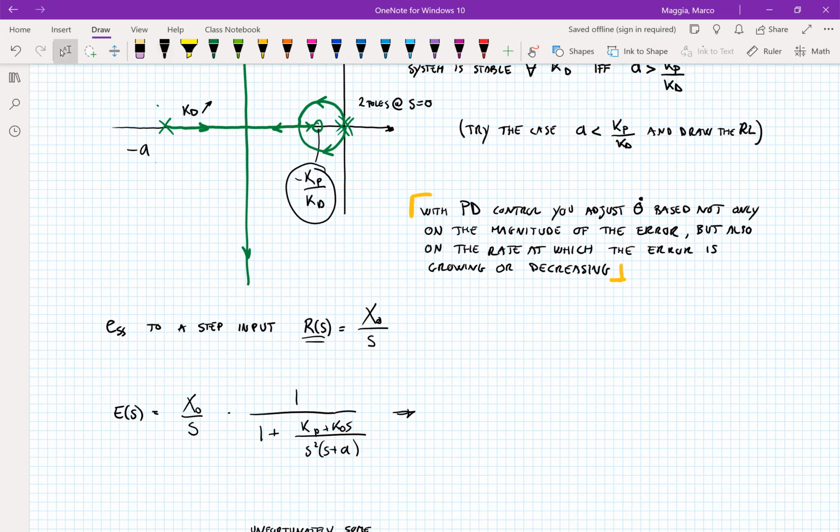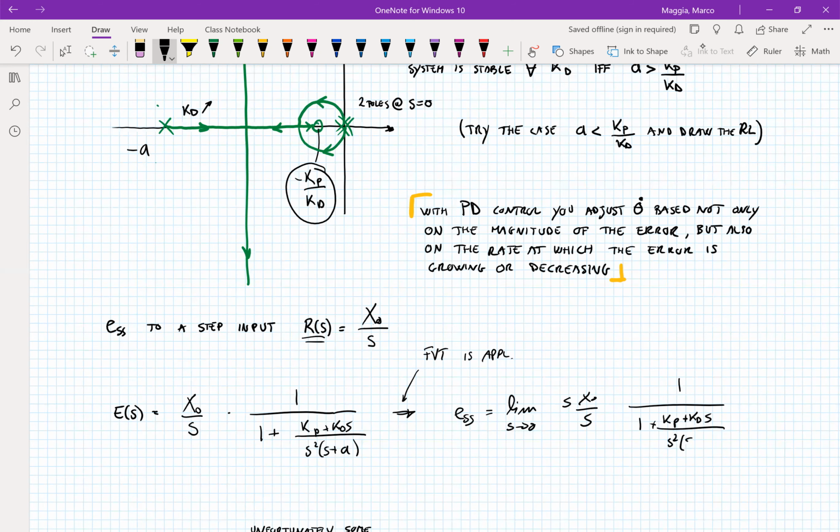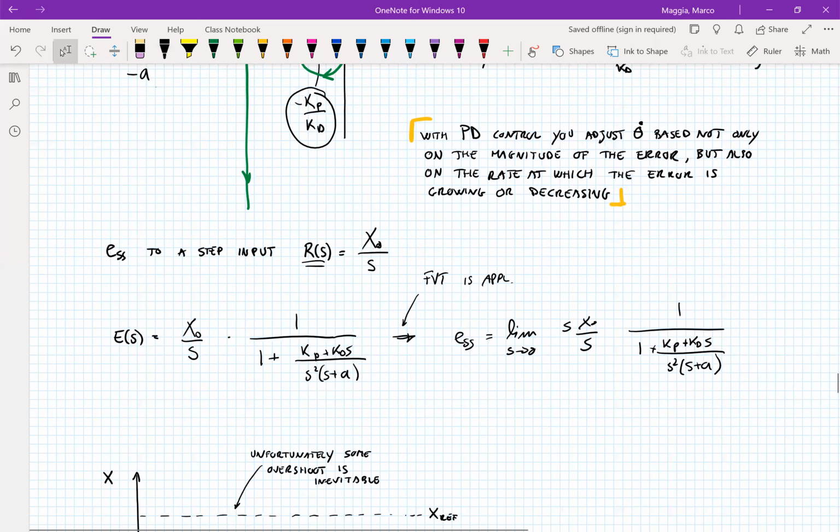Here we know that we have a stable system, so this implies that the FVT, the final value theorem, is applicable. So we can find the steady state value of the error by using the final value theorem in the S domain, which is much easier.